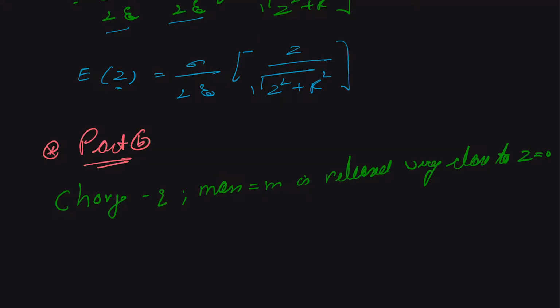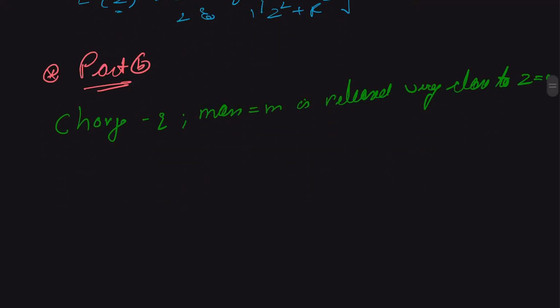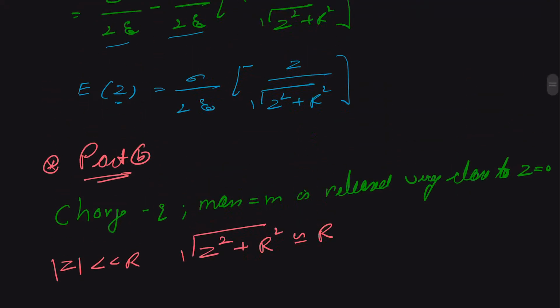So we can use the approximation, and we can say that z is very much smaller than r, therefore the square root of z square plus r square can be approximately equal to r. So this is our equation number 1.